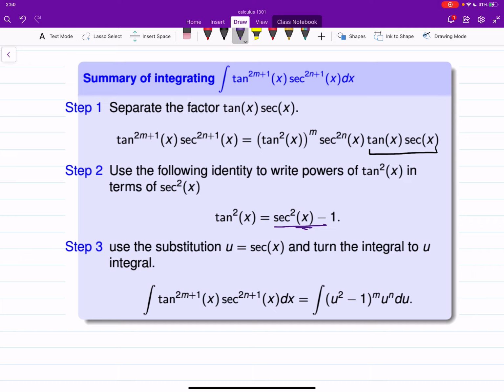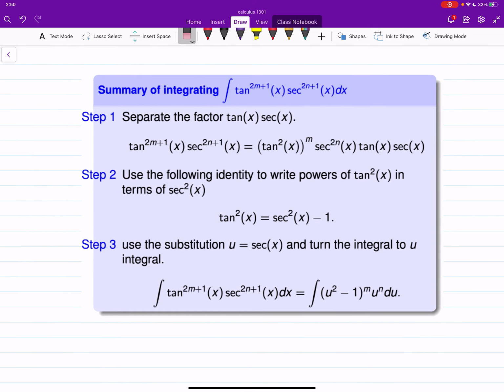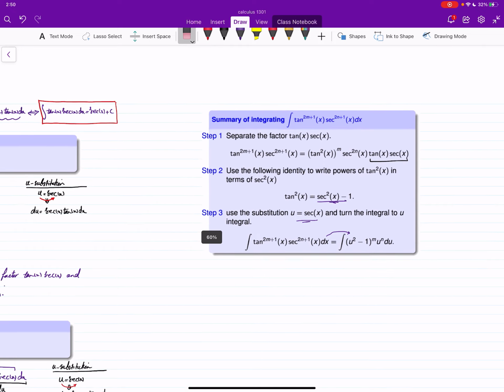That way your substitution u equal to secant x turns your integral into an integral of this form, which is just an integral of a polynomial. You expand the integrand. If m is a low number, you can easily do that. And then you will just get a polynomial, apply the basic rules of integration, and you have the answer.